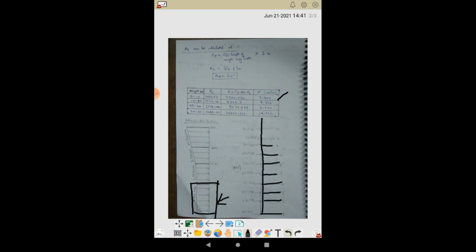These are the story levels. Okay, and for each and every story, the force that is experienced by the story, these are the values which we are just going to put. So with the help of these forces at each story level, we are going to make our diagram.